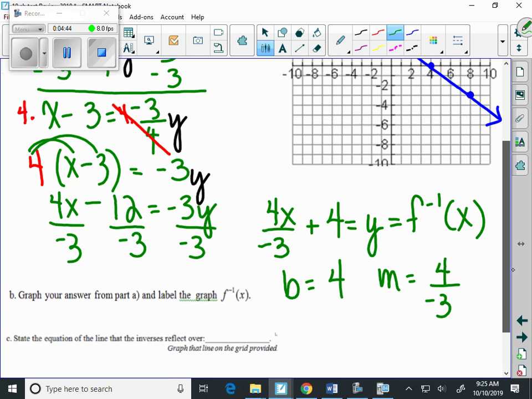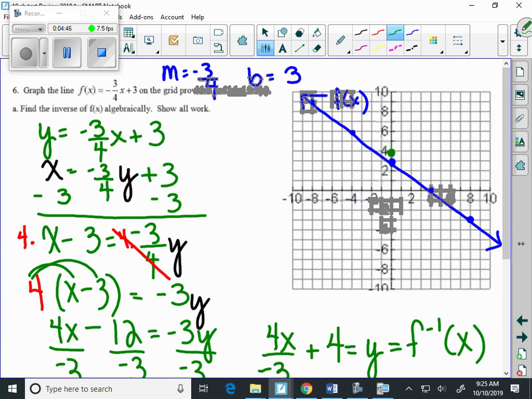And then it's up 4 to the left 3, or it's down 4 to the right 3. Draw a picture. And we can label the green one f to the negative 1 of x.